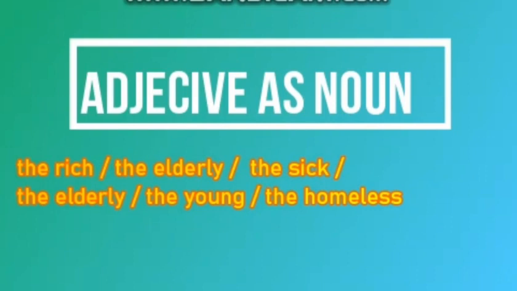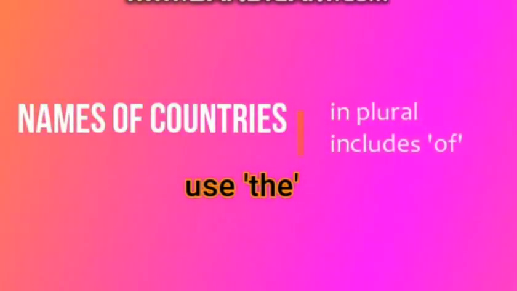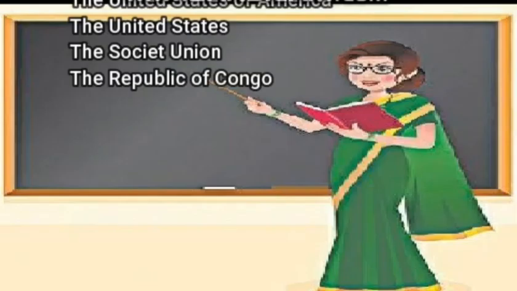There we use the. Now, names of countries. See, if the name is plural or includes of, we have to use the. See, the United States of America, the United States, the Soviet Union, the Republic of Congo. So, in such places we use the.